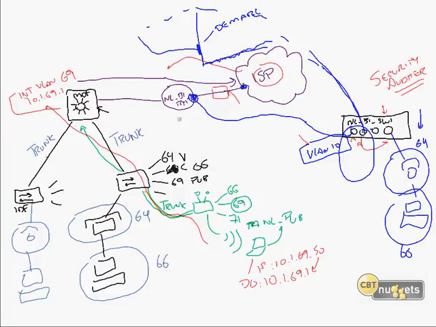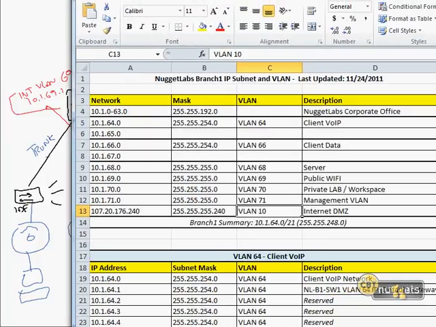Now, let me talk about one thing that I actually forgot. This link right here. Couple strategies that you could take on this. One is to put this guy in your client VLAN. Meaning, on this switch, let's see, our client data is 10.1.66.0, right?